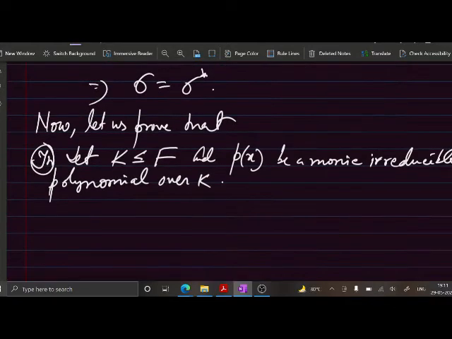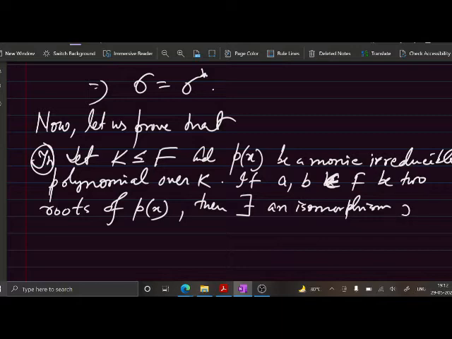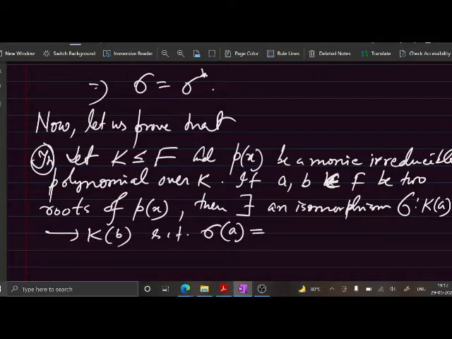Now if a and b are two roots of p(x), where a and b obviously belong to f, then there exists an isomorphism sigma from the field k(a) to k(b) such that sigma of a is mapped to the other root b, and sigma restricted to k is the identity on k.